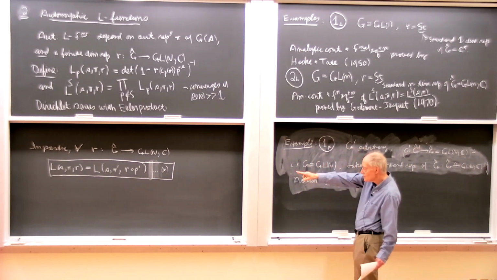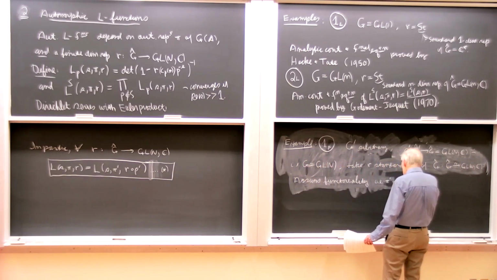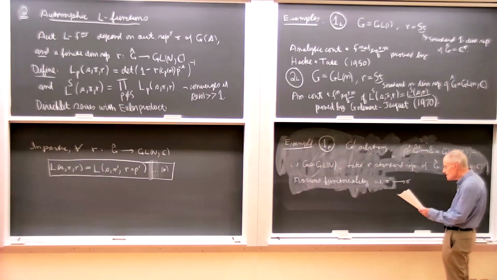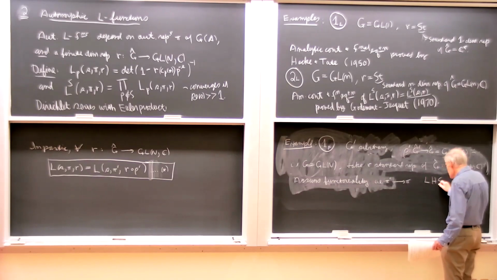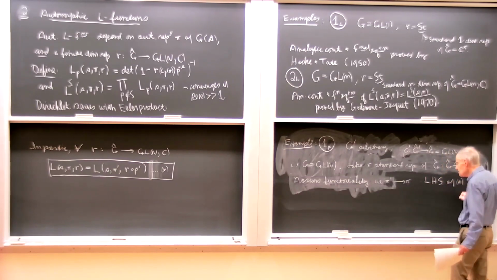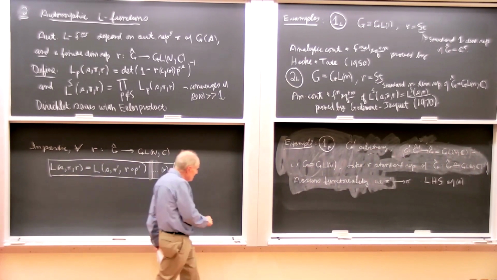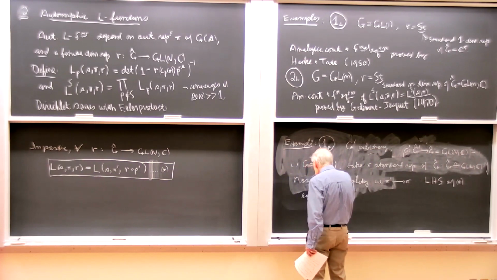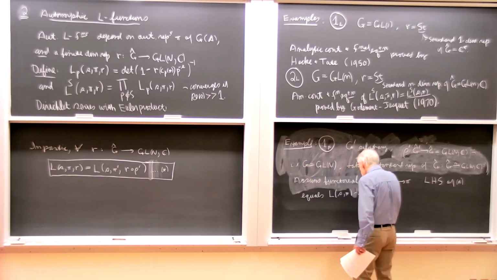So assume functoriality, i.e., pi prime then goes to pi. A pi prime gives you an automorphic representation pi once you've fixed rho prime. And so the left-hand side of star, since R is the standard representation, is just what we're calling the standard L function, L(s, pi), the standard L function.